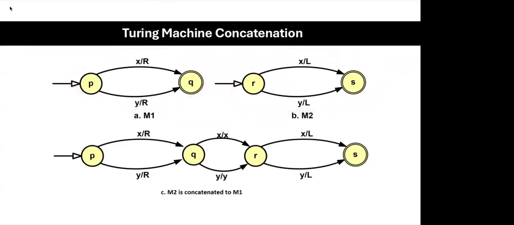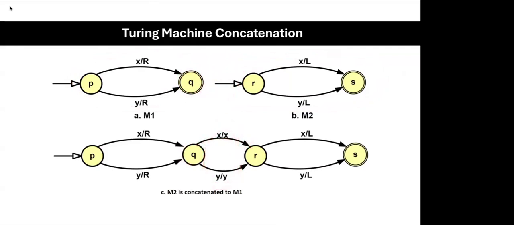In finite automata, we just remove the accepting state symbol from the first one, and we add an epsilon transition, right? Similarly, here we remove the halting symbol from the first machine, and we move to the next state by doing nothing.